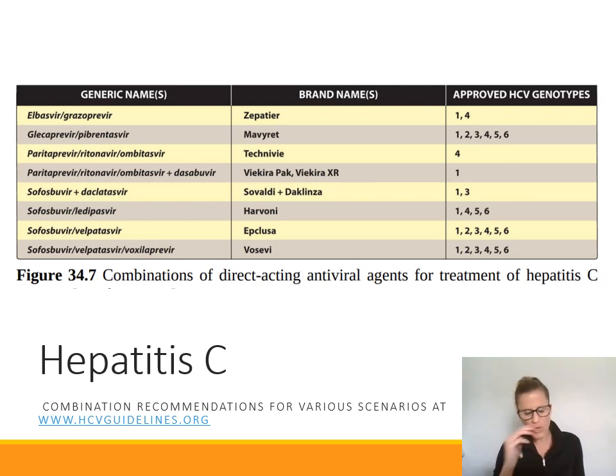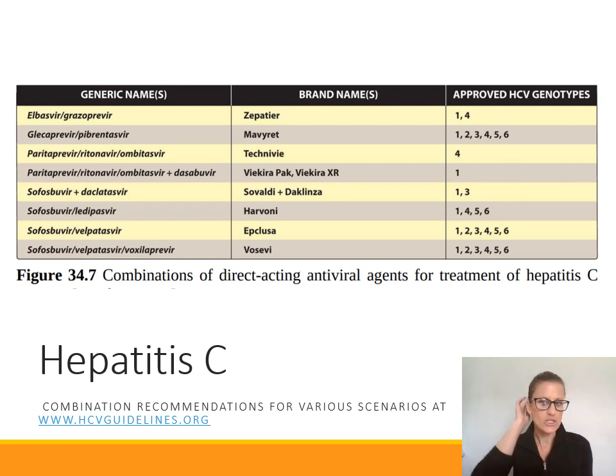So what I mean is you don't want to choose two drugs that are the exact same mechanism and do the exact same thing. You want to take two drugs or three drugs that are attacking the hepatitis C at different parts, at different angles, and that ends up giving you the best outcome or the best efficacy.